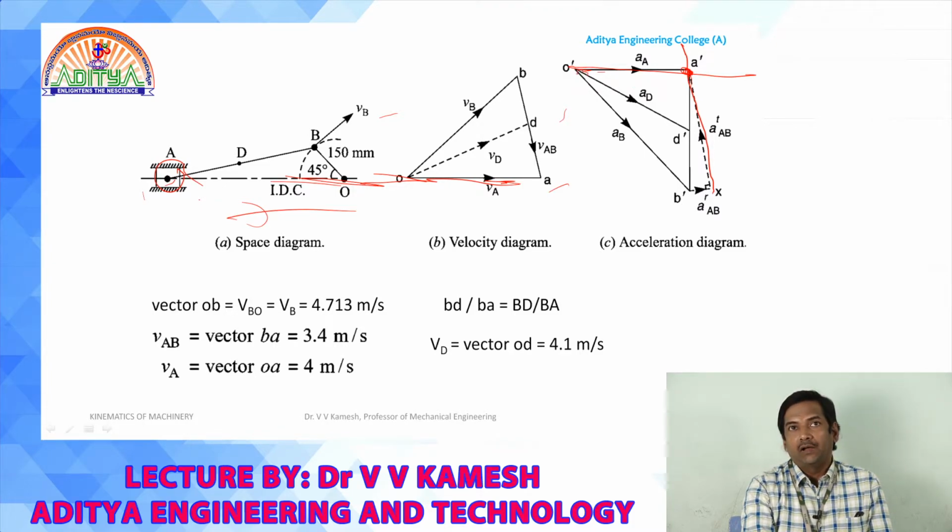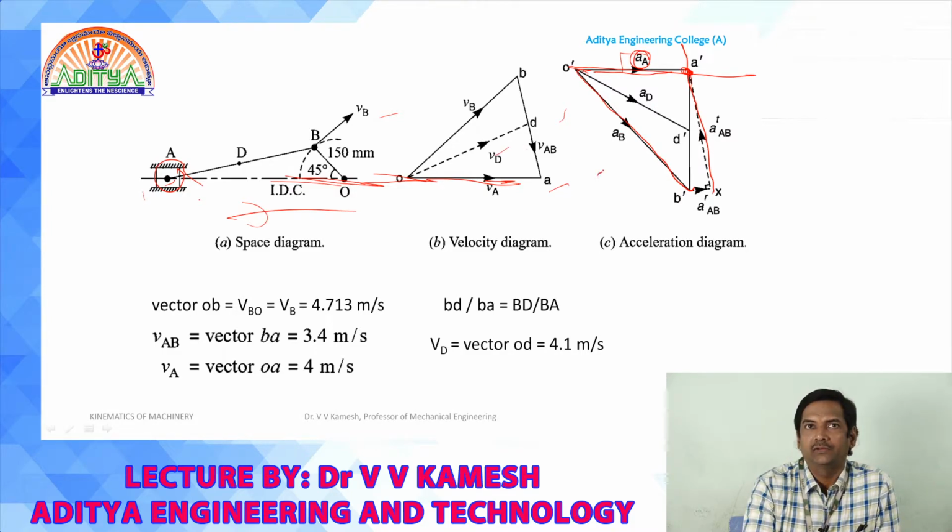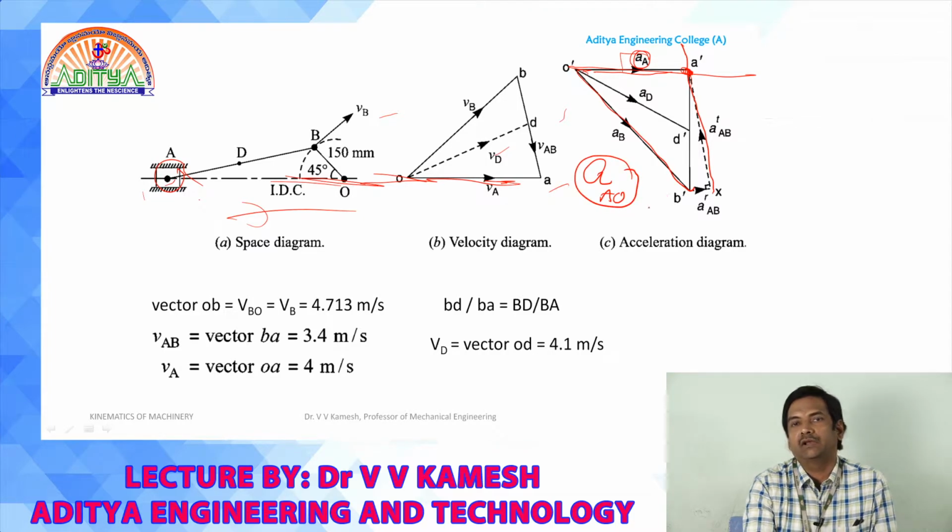So, initially we will be supplied O dash B dash, that is the absolute velocity, and the output will also have the absolute velocity. Now, this A suffix A, or we can call this the acceleration of AO, is having only the tangential component, because for a slider there is no rotational movement, the radial component will become 0.